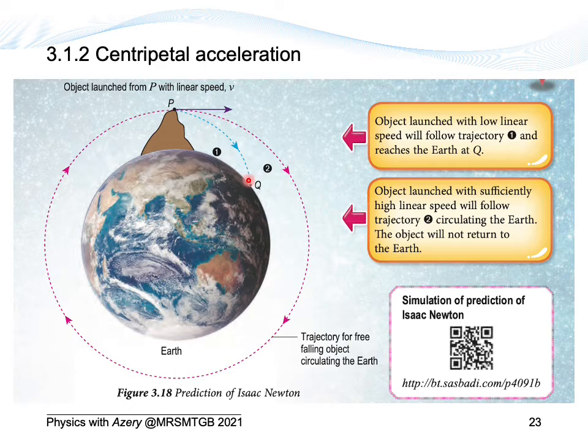But if the object is launched with sufficiently high linear speed, it will follow the second trajectory, which will enter a certain orbit, and it will continue rotating around the Earth in the orbit as a free falling object forever. It will not return to the Earth.